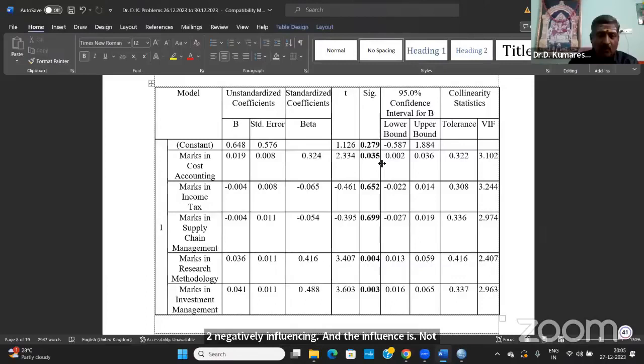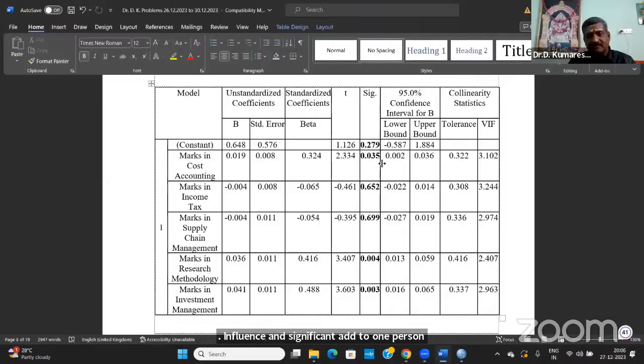X3 is also influencing negatively. It is also not significant. Fourth one, positive influence, significant at 1%. Fifth one, positive influence and significant at 1%.